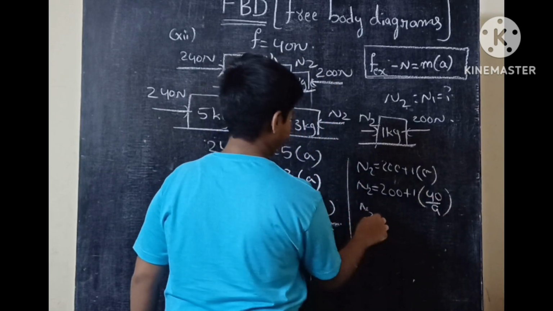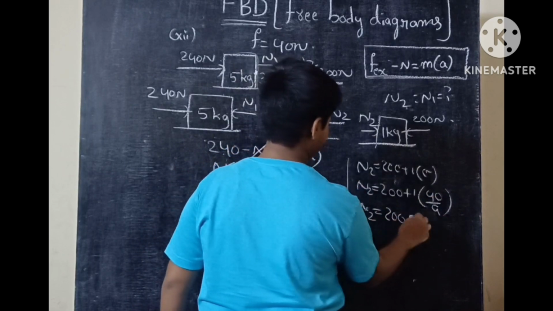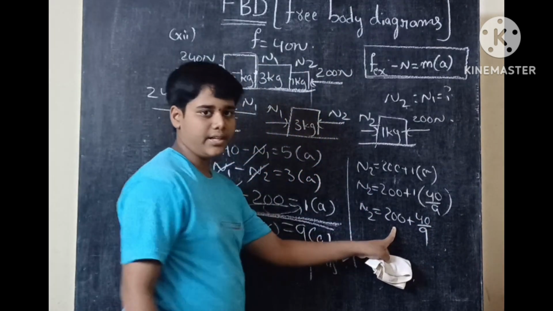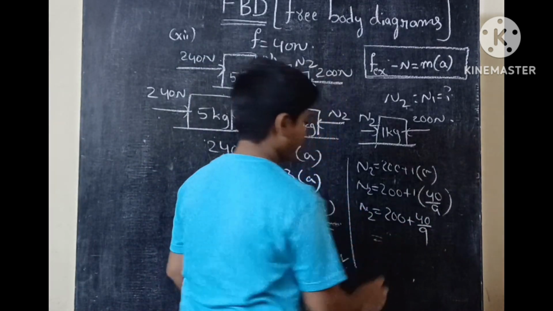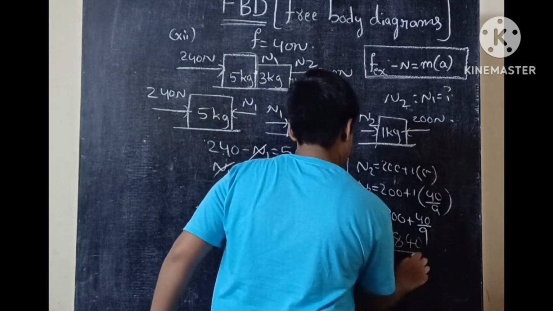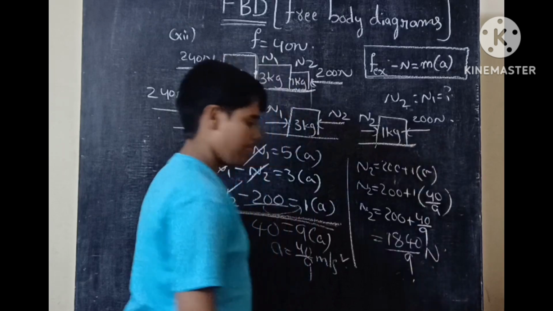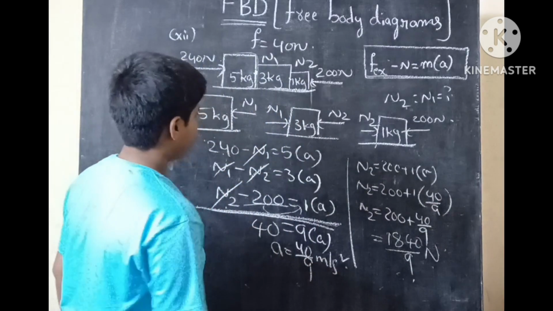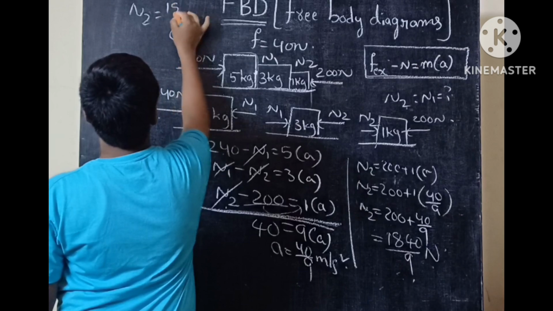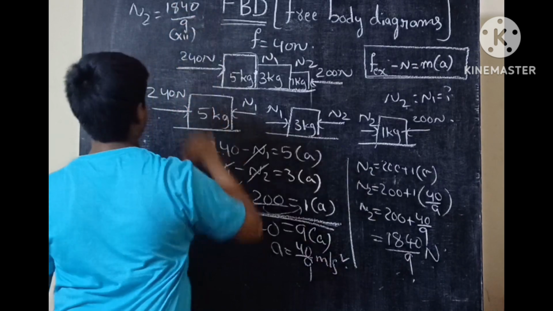Which means N2 is equal to 200 plus 40 by 9. So 9 into 200 is 1800, 1800 plus 40 means 1840 by 9 is the N2. Okay, so the value of N2 is 1840 by 9.